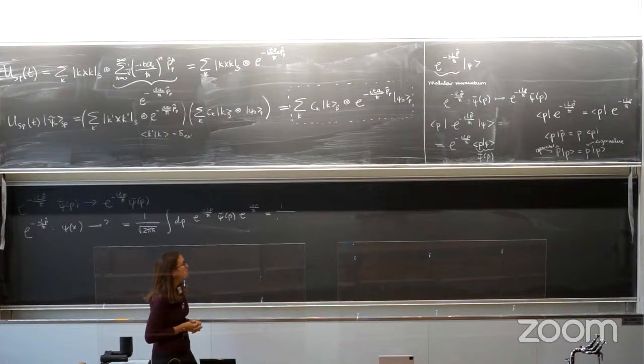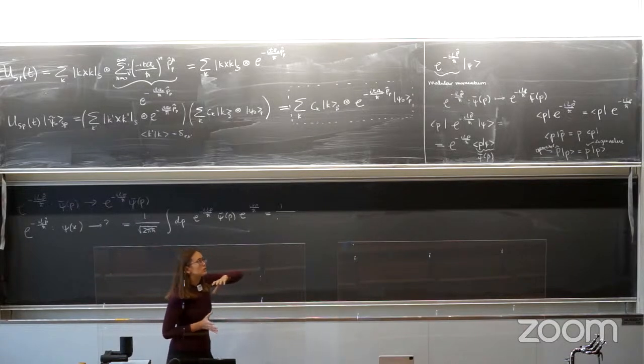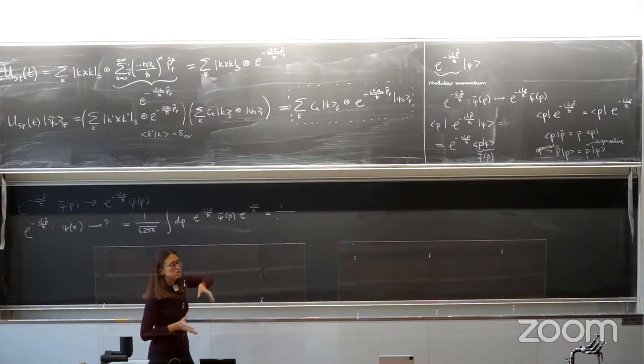So in the end, as a final state, we get a superposition of the tensor products of the states k of the system with this transformed state of the pointer. And what we're doing now is trying to see what this transformed state of the pointer physically corresponds to. So if I measure the pointer in the position basis, what would I get?